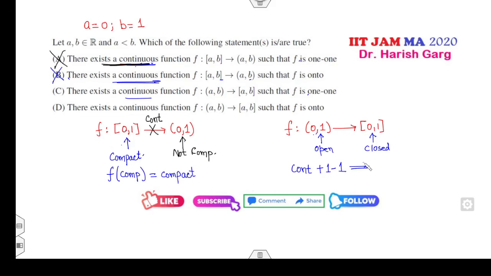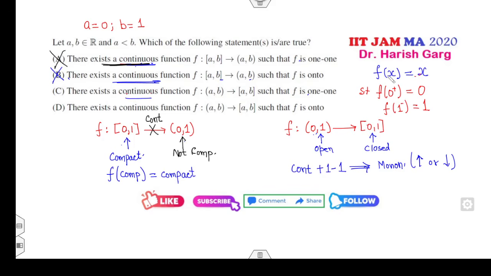Any function which is continuous and one-one means the function is monotonically either increasing or decreasing. So if I choose the function f of x is x, the function is continuous and one-one. 0 maps to 0, and we can put conditions such that f of 0 is positive and f of 1 is negative, mapping the open interval onto the other, which makes it a continuous mapping.